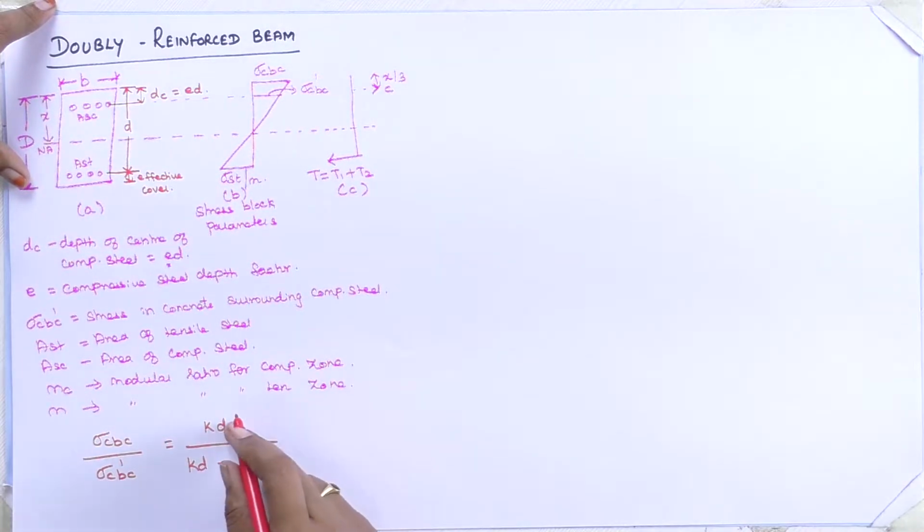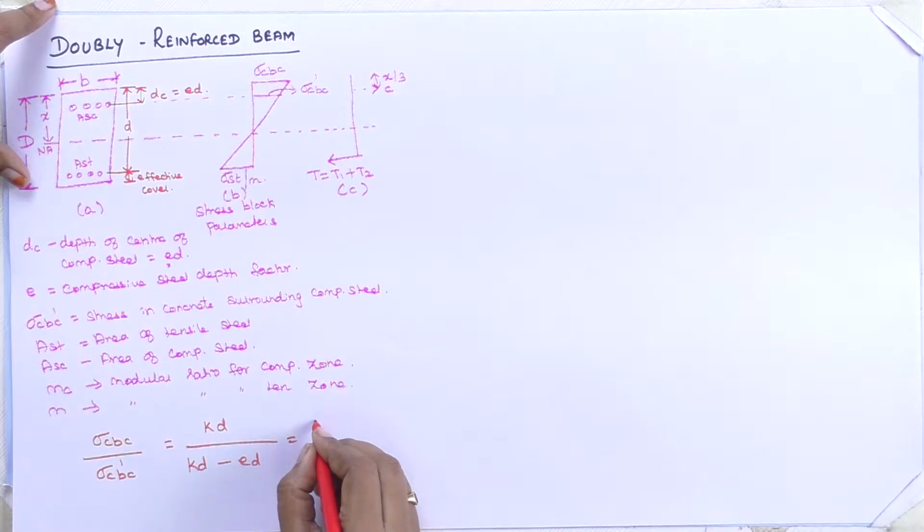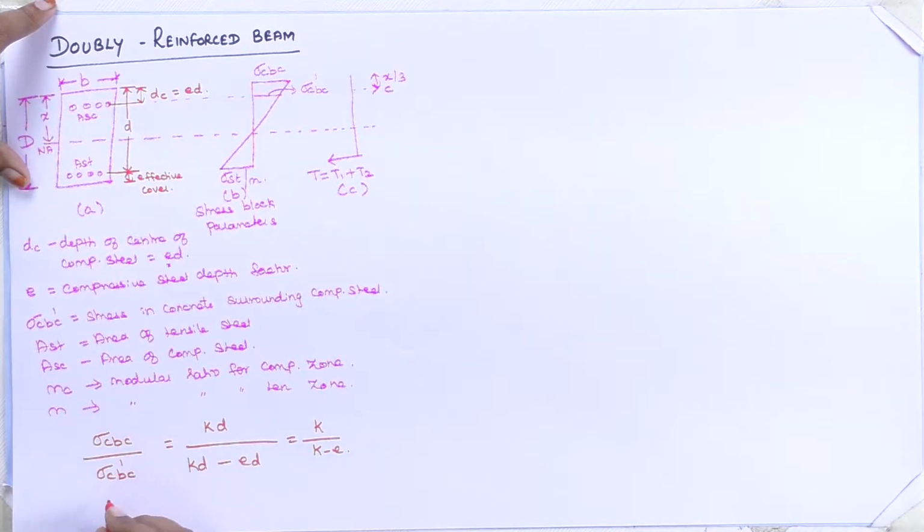Now you can take out the d values, so cancel it: k divided by k minus e. Or else if you want to find sigma cbc dash, sigma cbc dash is equal to k minus e divided by k into sigma cbc.